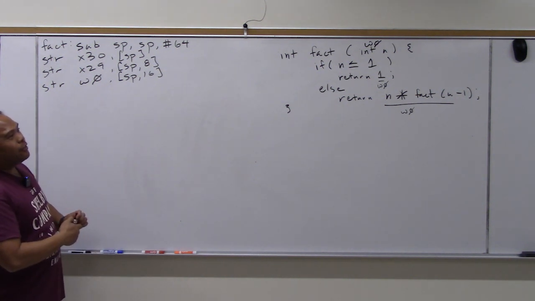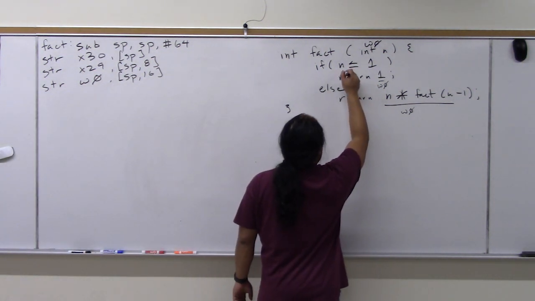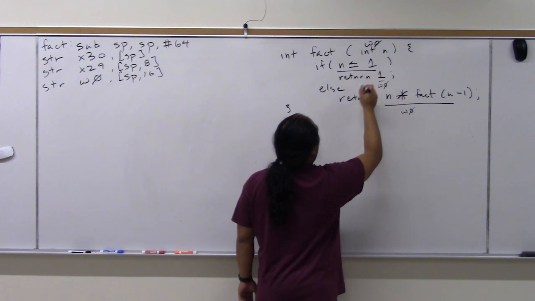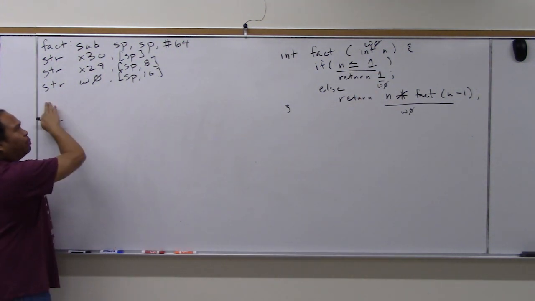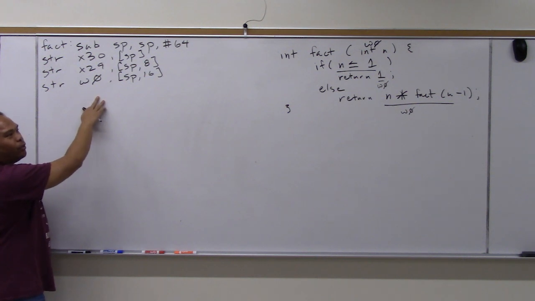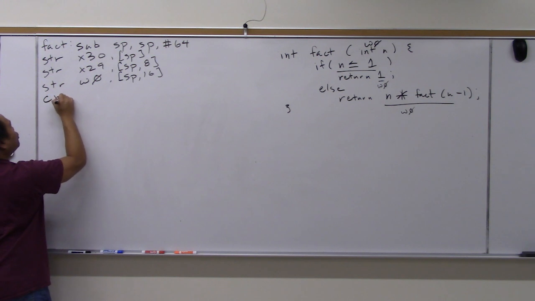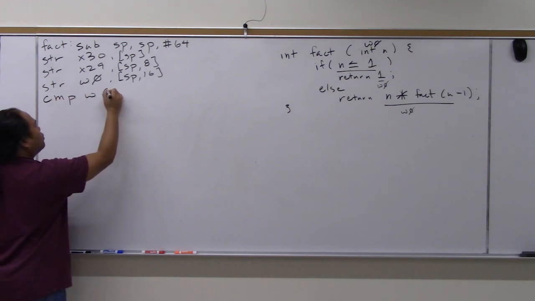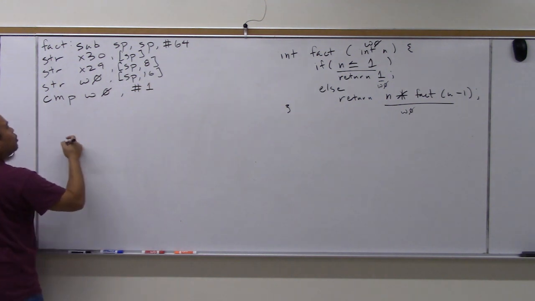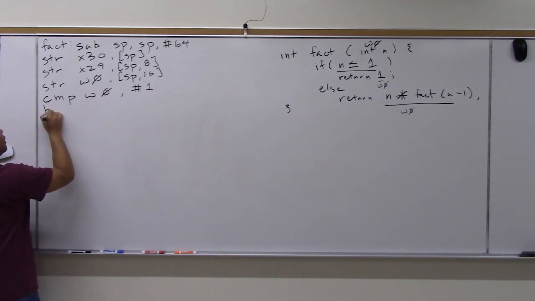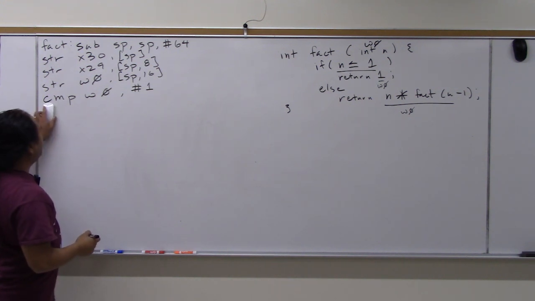All right, so what do we have to do here? So the base case here says if n is less than or equal to 1, return 0, all right? So at this point, W0 should still contain our input value of n, so I can compare it directly, do CMP W0 to 1, and what I'm going to want to do here is leave the else in the fall through slot, all right?